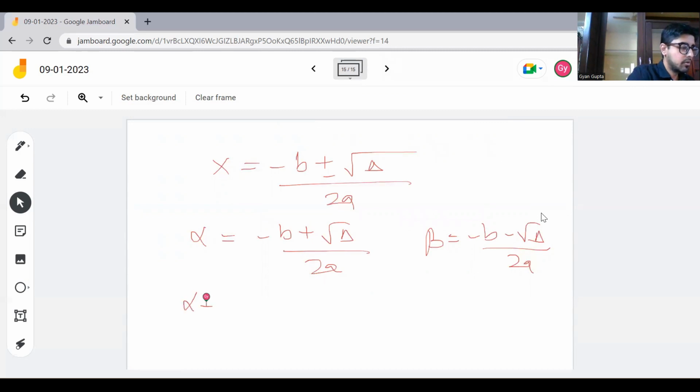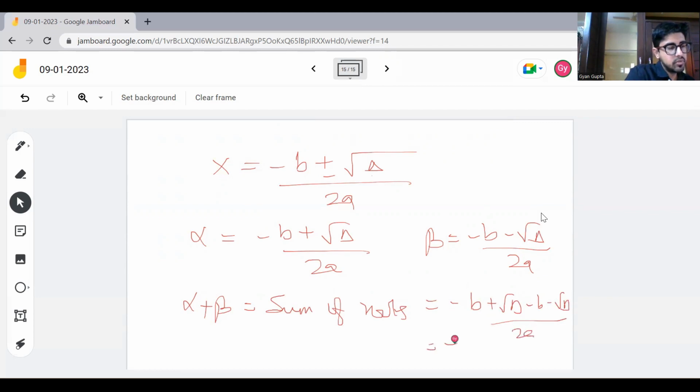Alpha plus beta is the sum of roots, which is minus b plus root delta minus b minus root delta by 2a, which will give me minus b by a. All right.